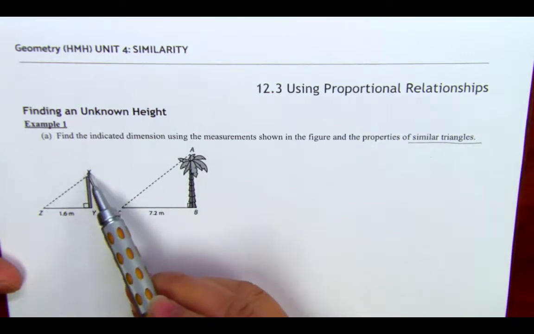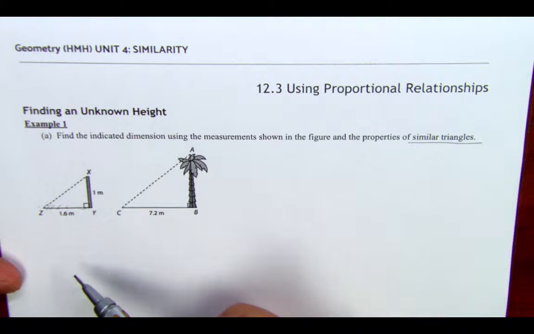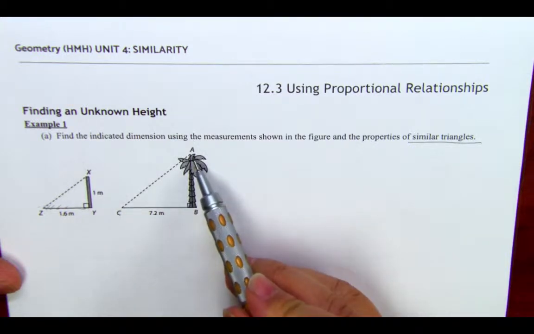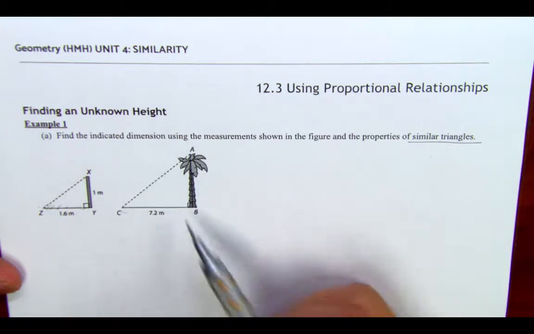So the ratio from height to the, let's call that shadow, should equal the ratio of this palm tree to its shadow right there.